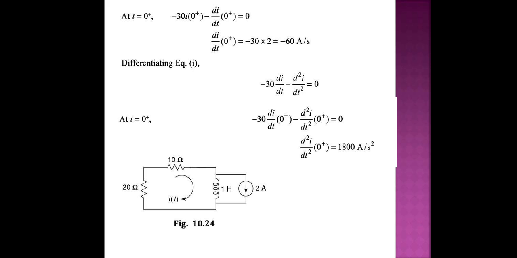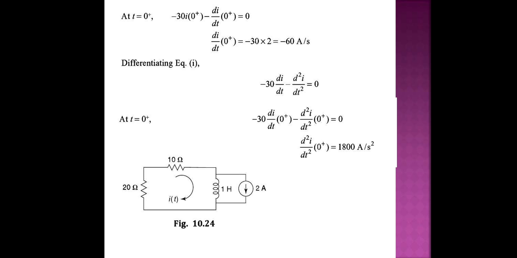Differentiating equation 1 with respect to t, we get minus 30 di/dt minus d square i by dt square equal to 0. Applying this at t equal to 0 plus, minus 30 di/dt of 0 plus minus d square i by dt square of 0 plus equal to 0.